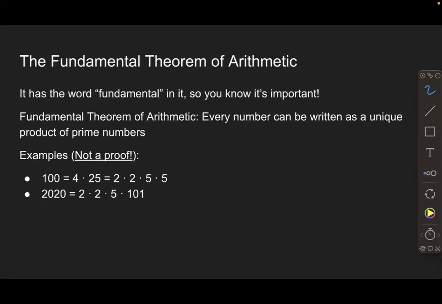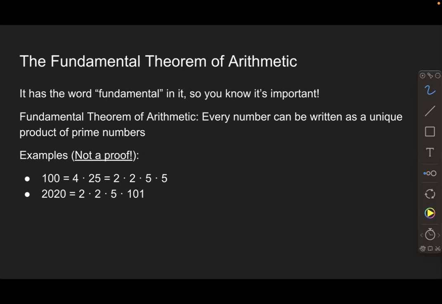Another really common theorem, and you can tell it's important because it has fundamental in the title, is the fundamental theorem of arithmetic. It basically says every number can be written as a unique product of prime numbers. So every number can be factored into primes, and it's always going to be its own set of primes.